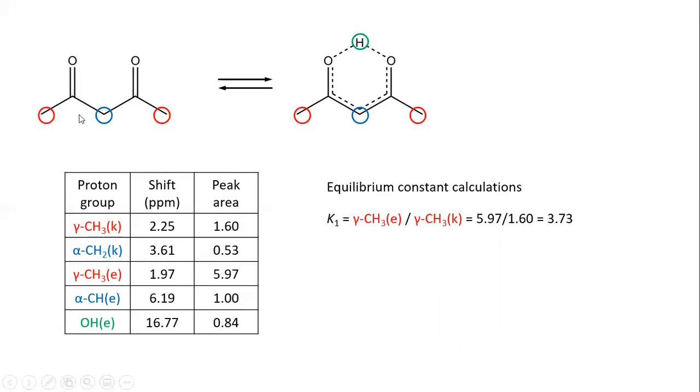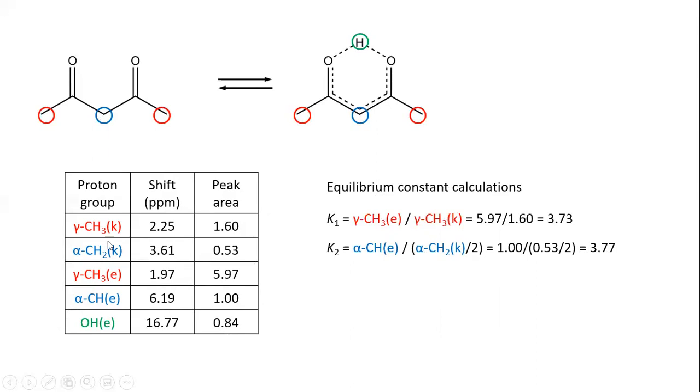So what you need to do here is divide the area of the alpha CH2 protons by 2, because 2 protons give 1 molecule. So my second equilibrium constant can be calculated as the CH area divided by half of the CH2 area, as shown here. And if you plug in the numbers and do the calculations, you will get 3.77.